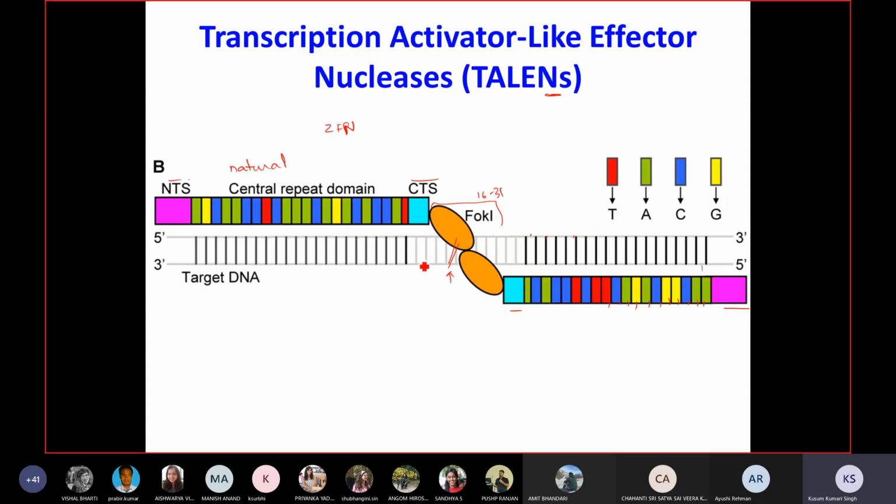If you have a longer spacer, you have to deduce where exactly within the spacer region the FokI will bind. And if you have a shorter spacer region, that means you can create your protein in a very compact, much smaller fashion.